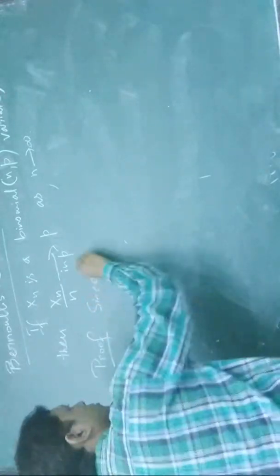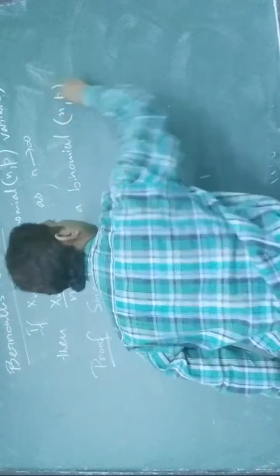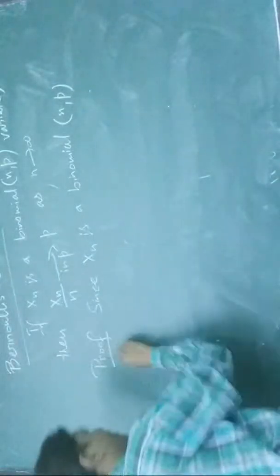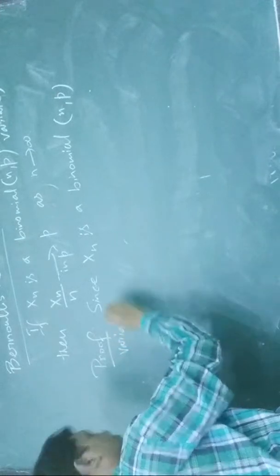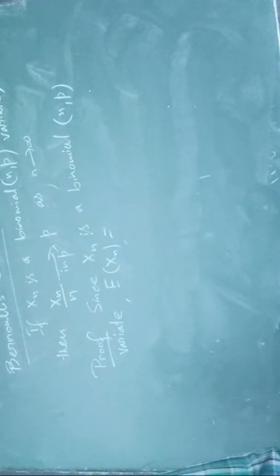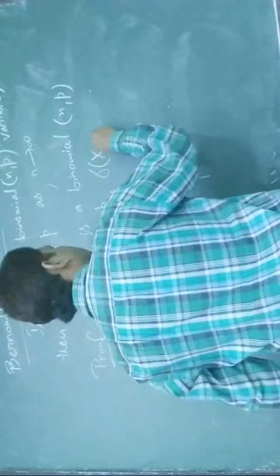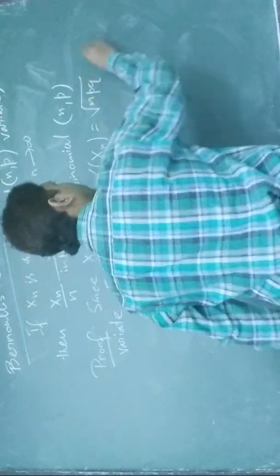Since Xn is a binomial n, p variate, what is your expectation of Xn? np. What is your variance? The standard deviation is root over npq, right? Where q is 1 minus p, correct?